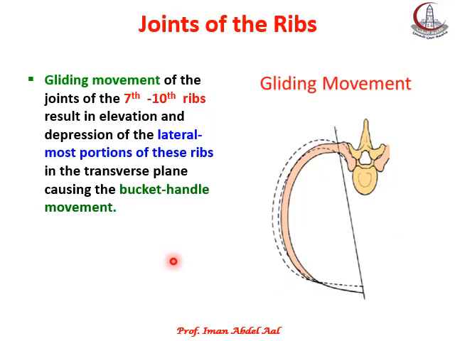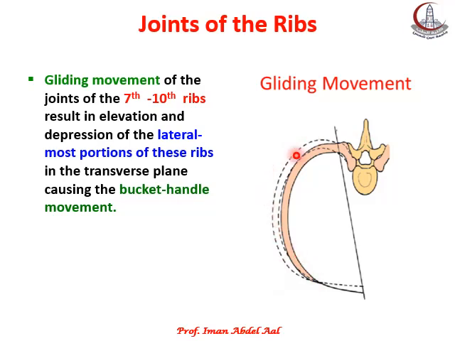The other movement is called gliding movement. This is the rib. This movement causes elevation and depression of the lateral part of the rib, not the sternal end, in a transverse plane, like a bucket handle movement.